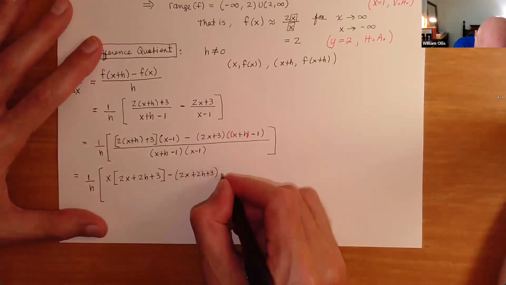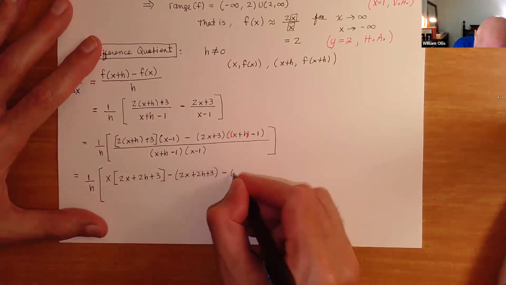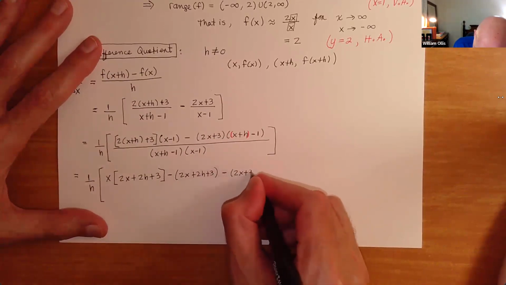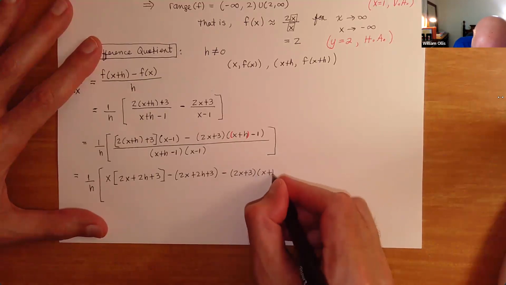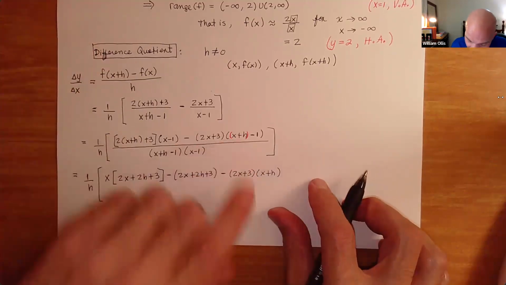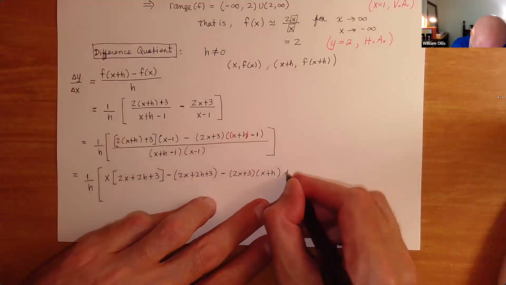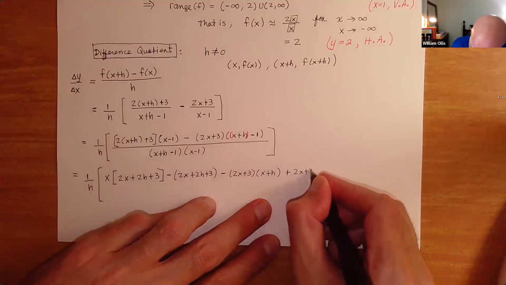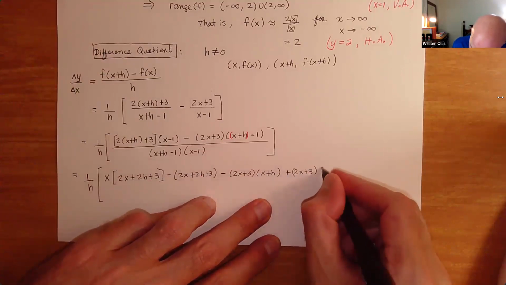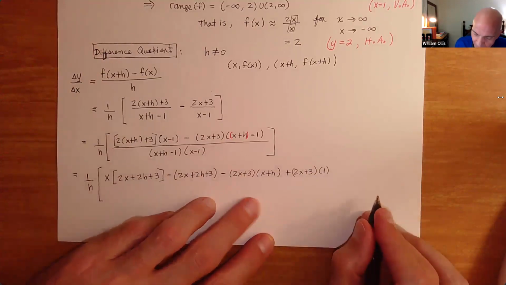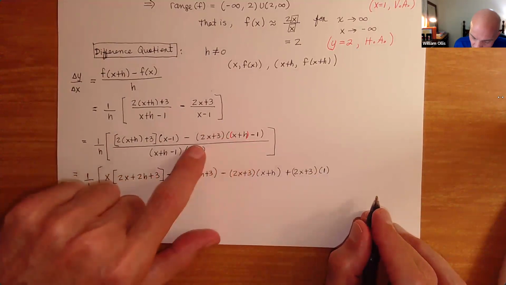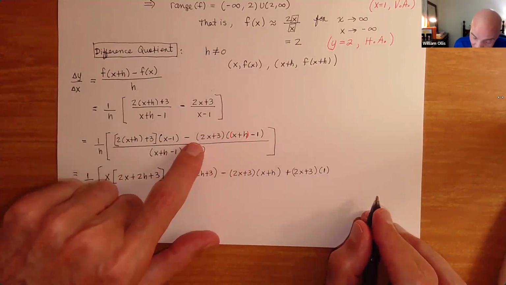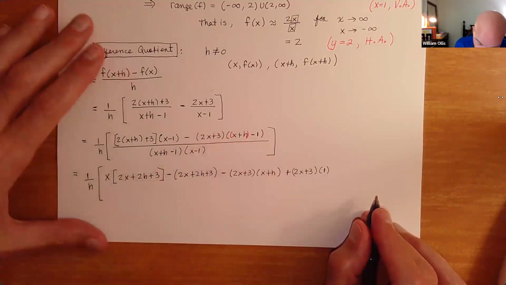And now we're going to say we've got minus 2x plus 3 times x plus h, and then we have minus minus, so we have plus 2x plus 3 times a 1. We like multiplying by 1. That's really easy. So again, we have the minus minus, so those absorb, as they say, and we just have multiplication by 1.